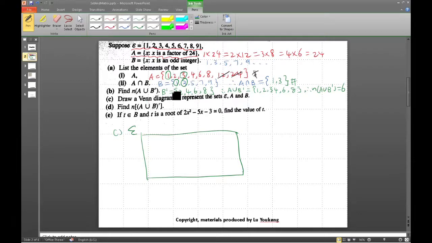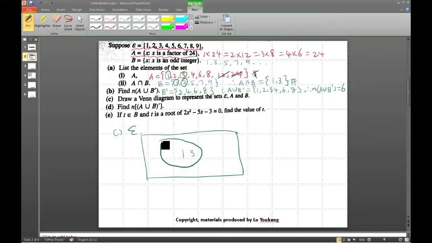Okay, and we should have another two sets, set A and set B. And in this, we also have some elements shared between A and B. What is shared between A and B?